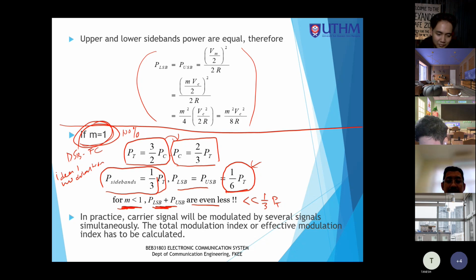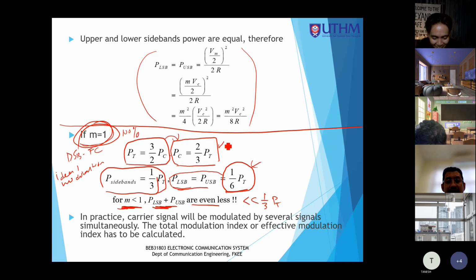Okay, kita mengharapkan power ini jauh lebih besar. Power pada sideband kita harapkan lebih besar, supaya apabila dia besar, dia boleh dihantar pada jarak yang jauh dengan baik, dengan kualiti yang baik. Okay, we don't want the carrier component actually, because the carrier component does not carry any information.